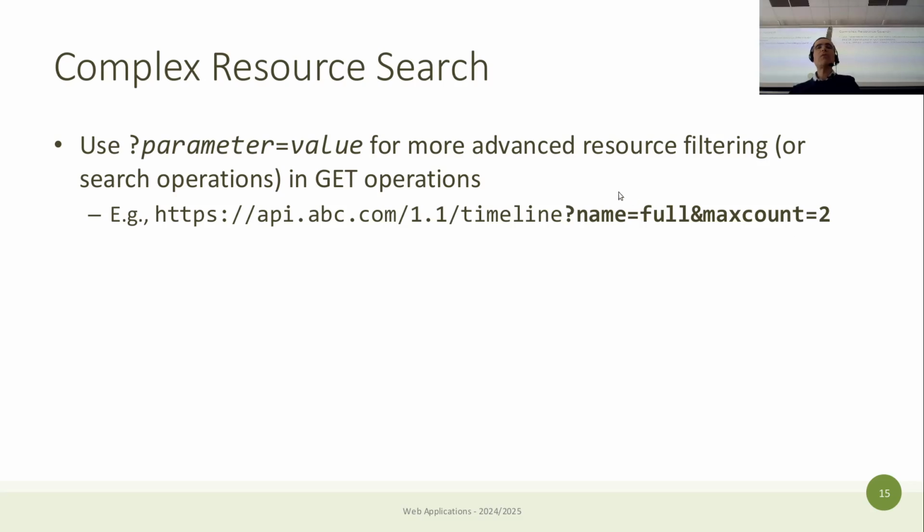Again, if you use the question mark, you have the flexibility to put whatever you want afterward. The syntax is standardized. It's the query syntax, with the and between these couples that are key equal value.